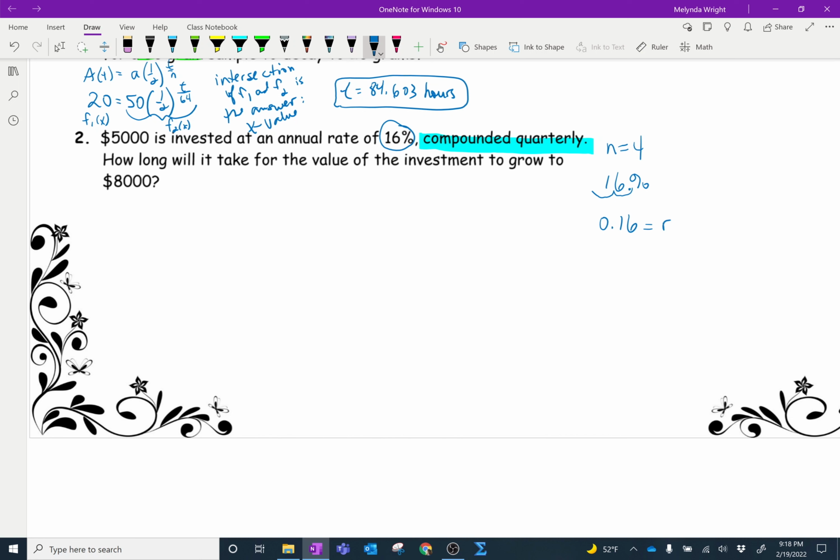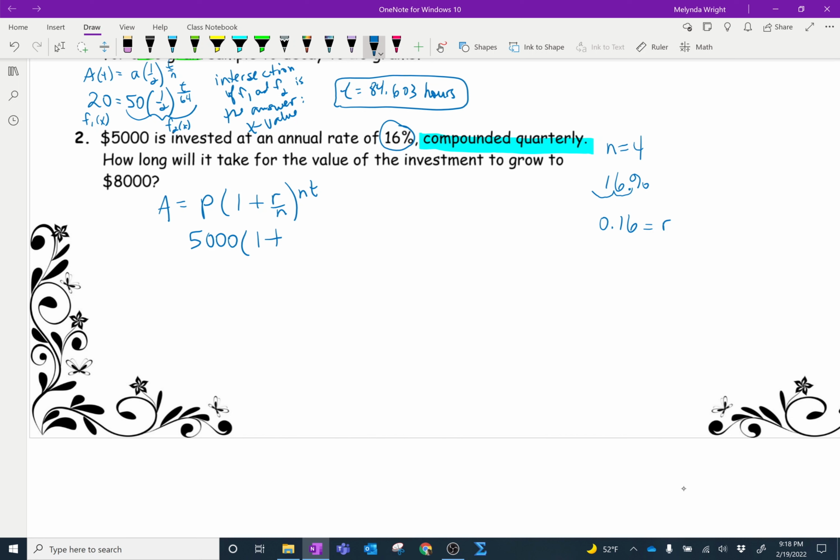Okay, great. So let's go ahead and fill in all of our blanks. Let's write down our formula. So our formula is A equals P times 1 plus R over N to the NT. Okay, so let's fill in. Our original amount is 5,000. So we're going to replace this P with 5,000.